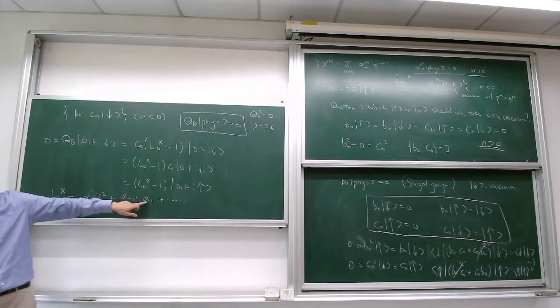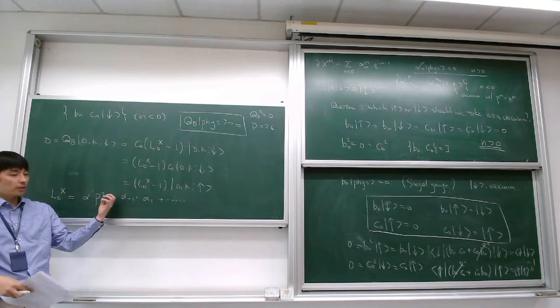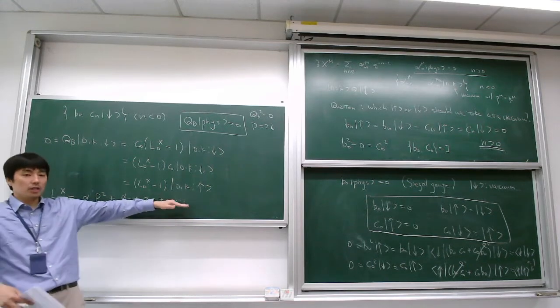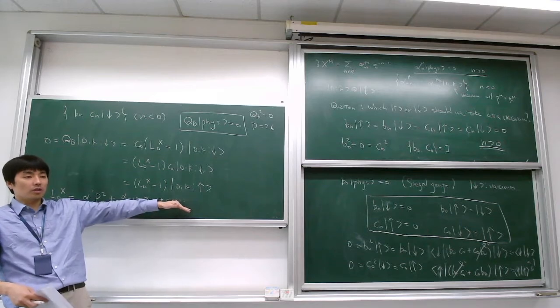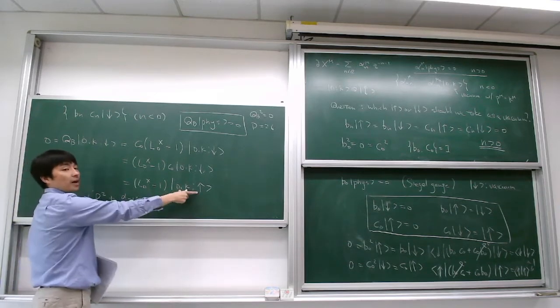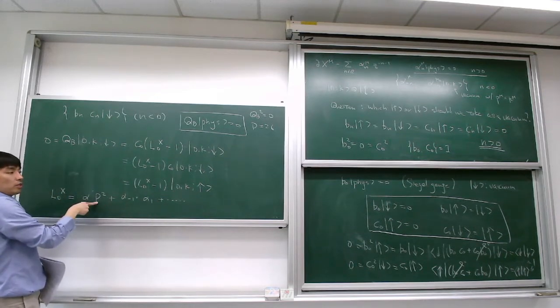Since this is also written with everything normal ordered, with all creation operators to the left and annihilation operators to the right in the dotted part, this part just annihilates the vacuum. However, this part is important.